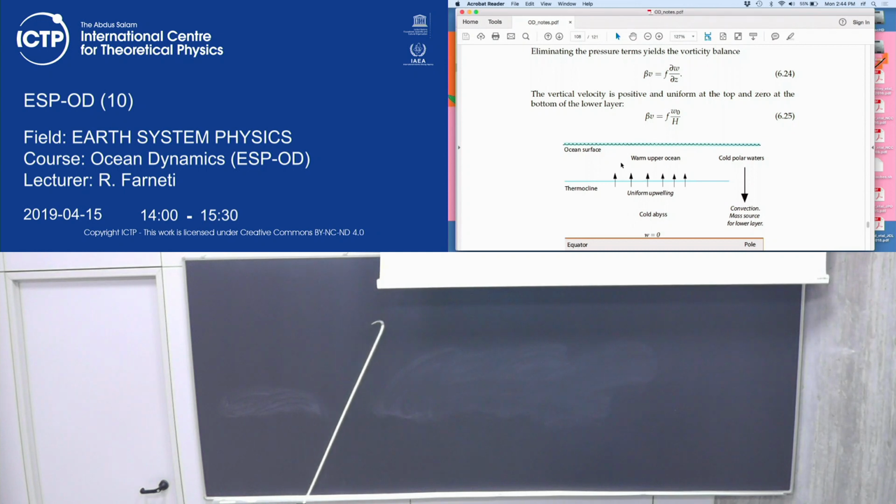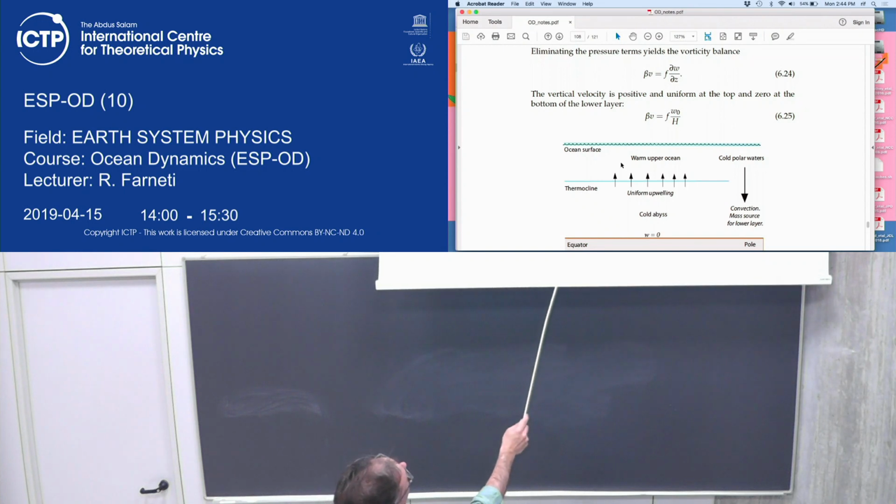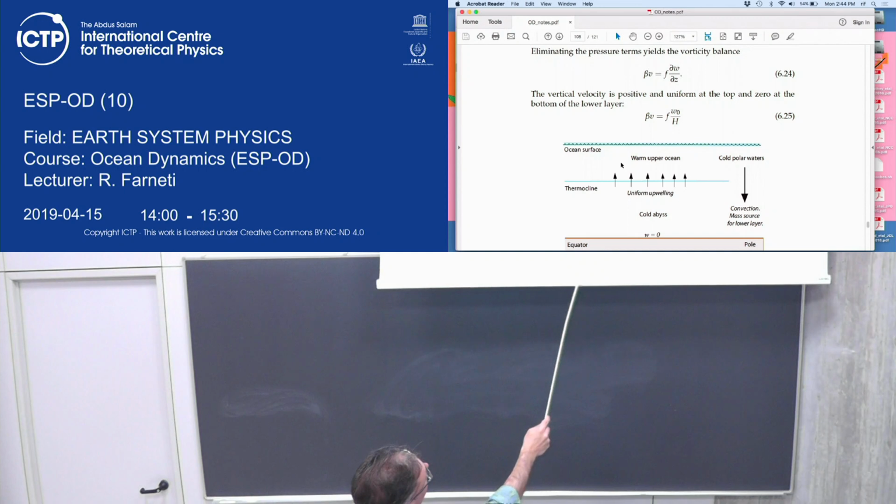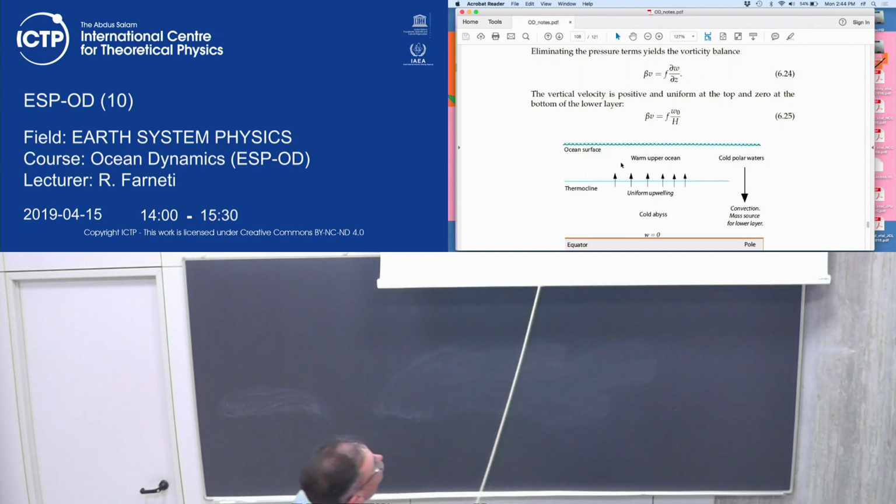So vertical velocity is positive at the top. You have this vertical velocity bringing this mass back into the upper layer, and it's zero at the bottom. Okay. So this vorticity balance is beta v, so you have a meridional velocity, which is equal to this vertical velocity at the top, W naught, over h.